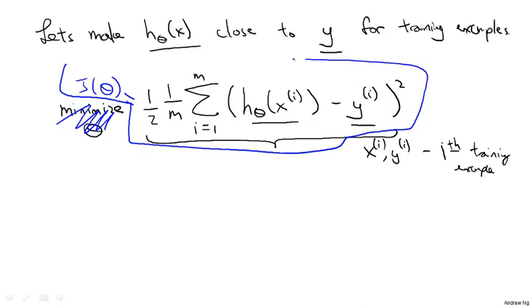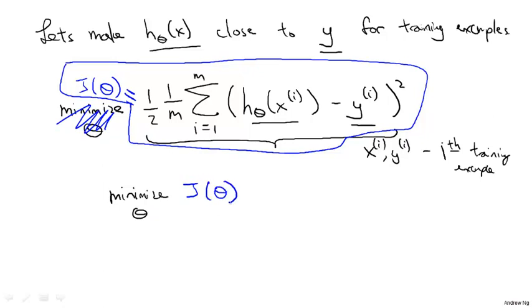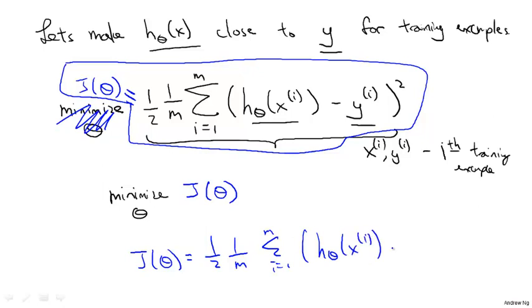So defining J of theta to be this cost function, and the way I'm going to choose my parameters theta is to minimize, as a function of theta, this cost function J of theta. Okay, where J of theta is that term up there, 1/2 times 1 over m, sum from i equals 1 to m, that thing we've written up there.